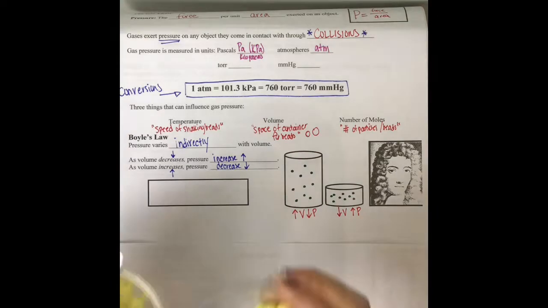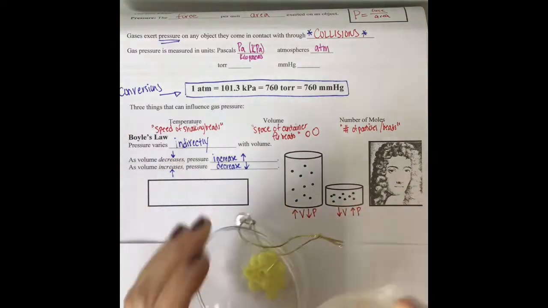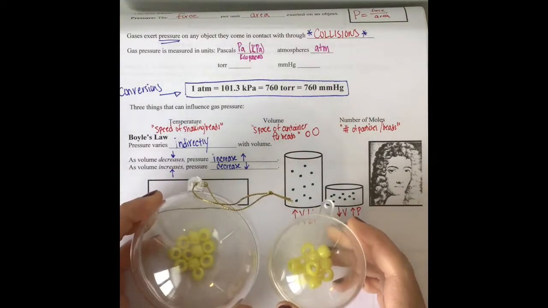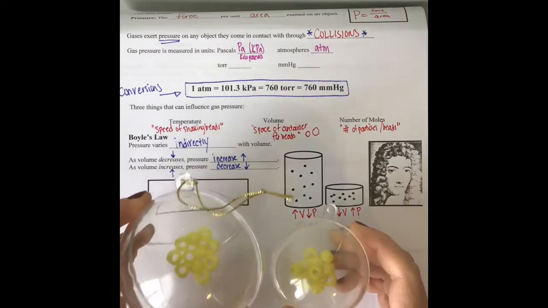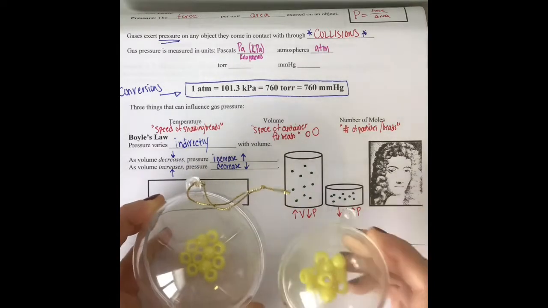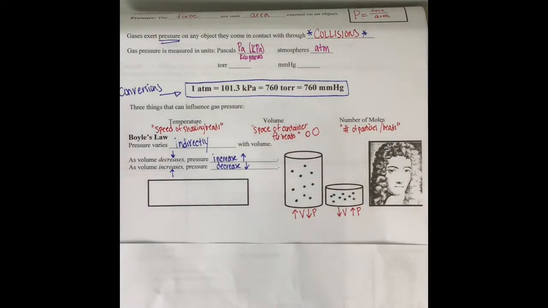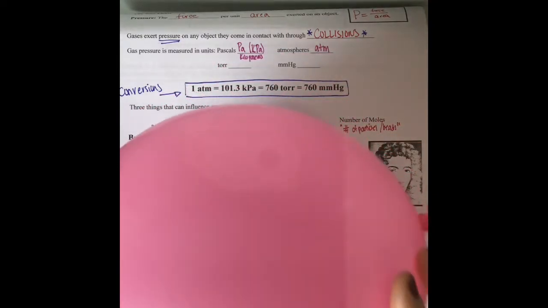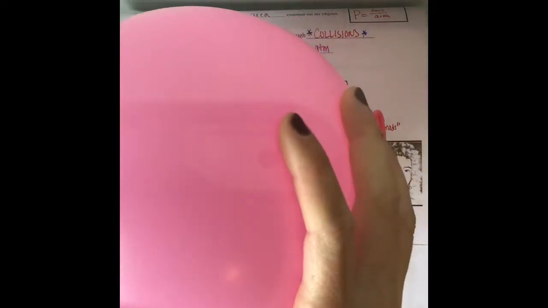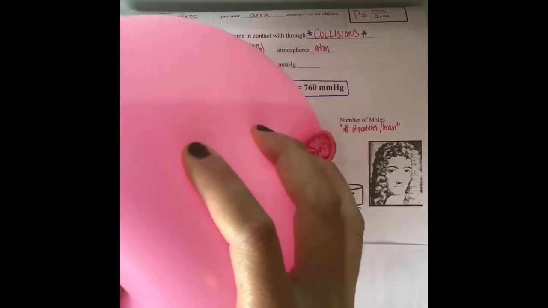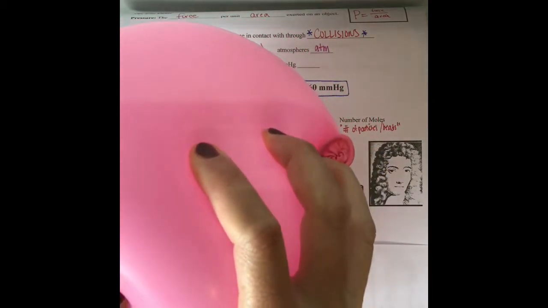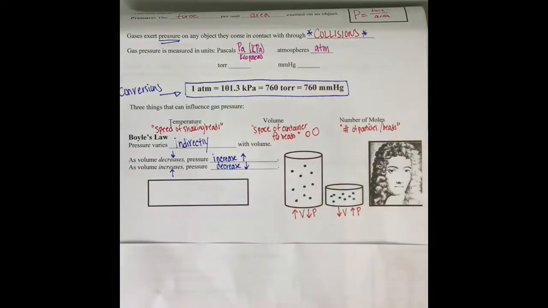Okay, and that should be the same as this visual that I showed you earlier. In a larger container, you have a lower pressure. In a small container, you have a very high pressure. Same thing with a balloon. When the atoms have lots of room to move around, the pressure is low. If you try to squeeze the balloon to decrease the volume, well, I think you all know what happens.